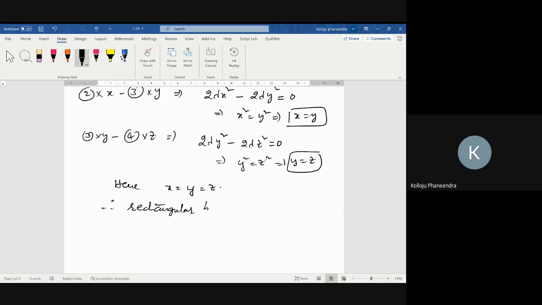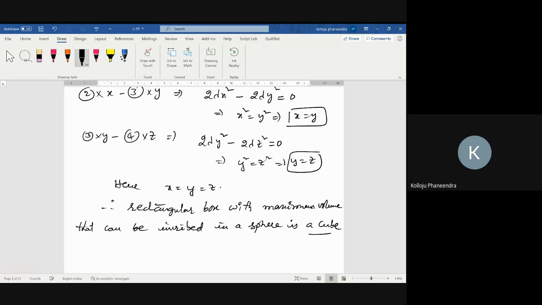The rectangular box with a maximum volume that can be inscribed in a sphere is a cube, since all the dimensions are equal.